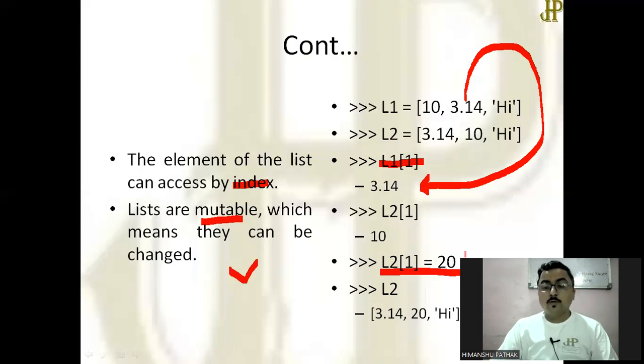Now I am going to modify it to 20. If I print L2, it will show the updated version of L2, that is 3.14, 20, hi. So, clear? What is mutable? It means modification is possible in a list.